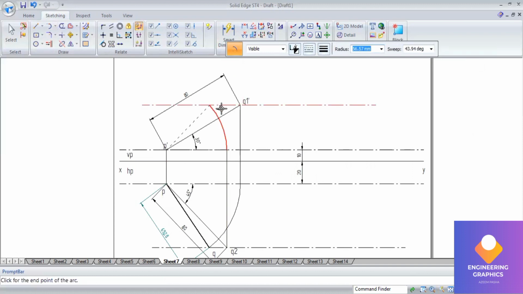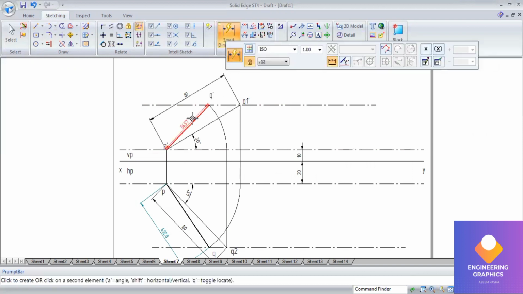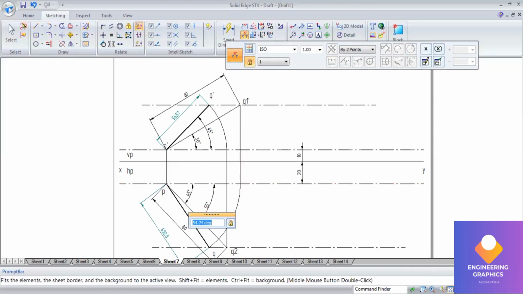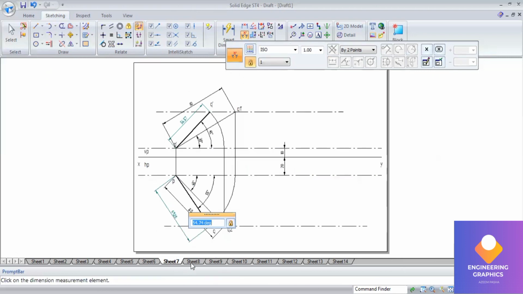Okay, now I can join this with a thick line from P dash to Q dash. This is your Q dash. So we have constructed both upper end length and true lengths. Now angles I am going to measure. That is the apparent angle, and this is the apparent angle. Okay, so this completes the problem.